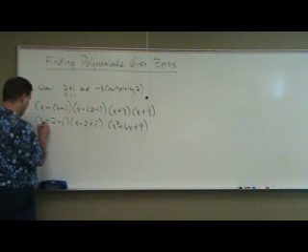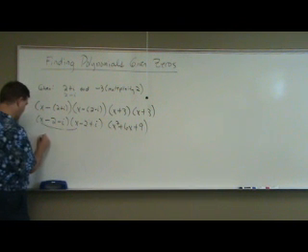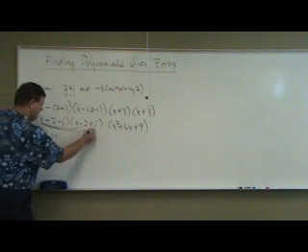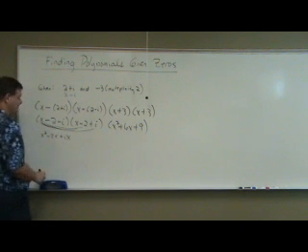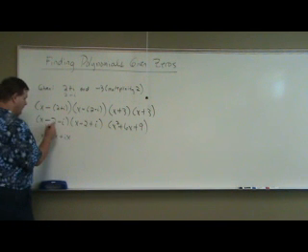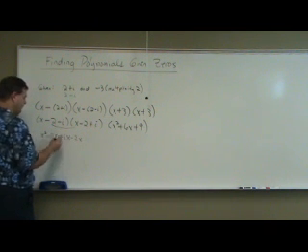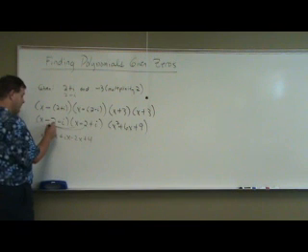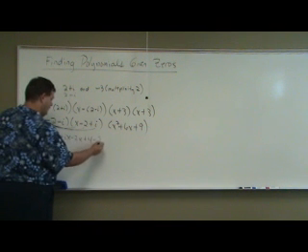So that's x squared minus 2x plus ix, and we have minus 2x plus 4 minus 2i.